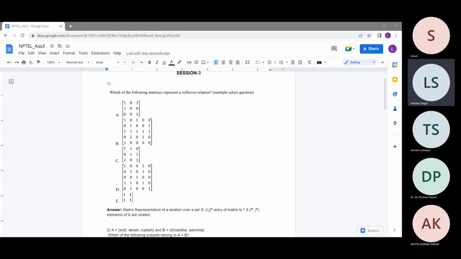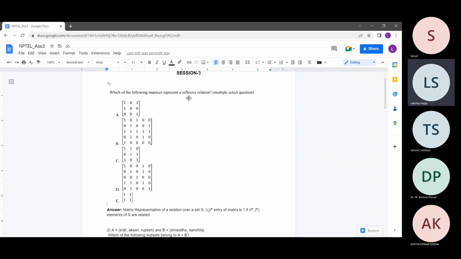A lot of other guys have also joined the meeting, that's nice. Just to reiterate for those who have just come: this week we'll be discussing problems related to relations and sets.